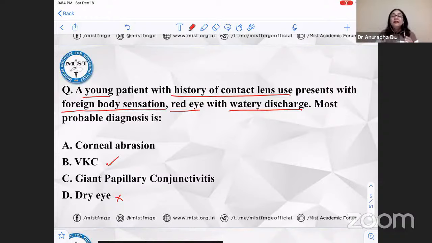We know VKC is more common in young children. It's mostly an allergic conjunctivitis which is seen in young children, and it has more tendency to occur during the summer season. And history of contact lens use is not necessary for vernal keratoconjunctivitis because it is very unlikely that a child is wearing contact lenses.